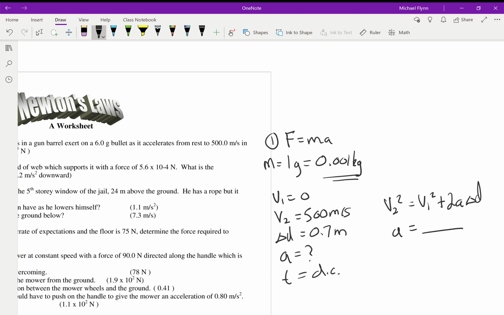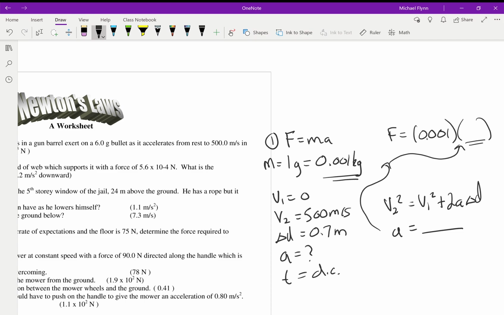And then bring that number back up here and go F equals ma. I guess I should write it. 0.001 is the mass, and then you're going to multiply that by whatever you get for the acceleration. Just going to fill in the blank in there for the acceleration.